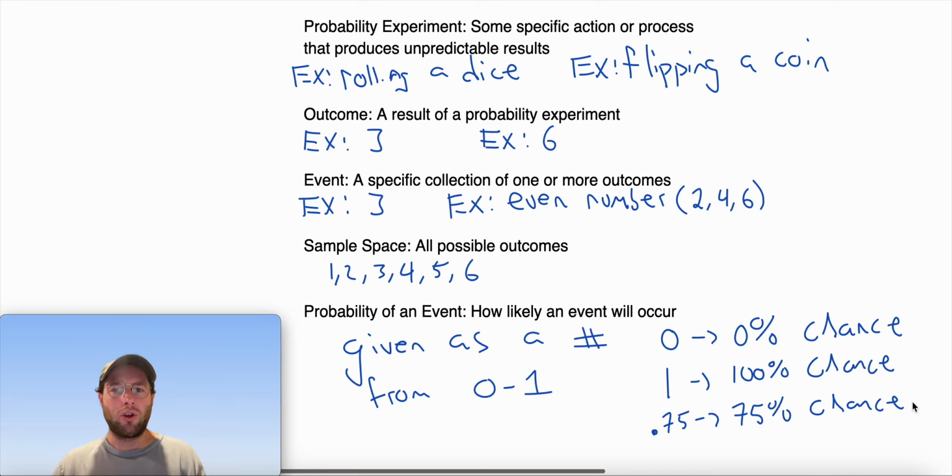That's the general stuff here for probability.